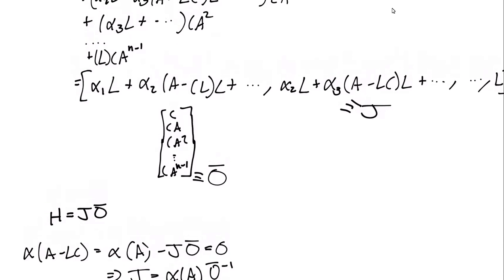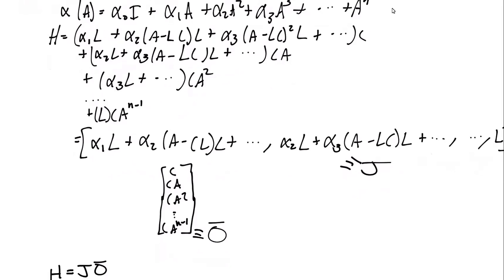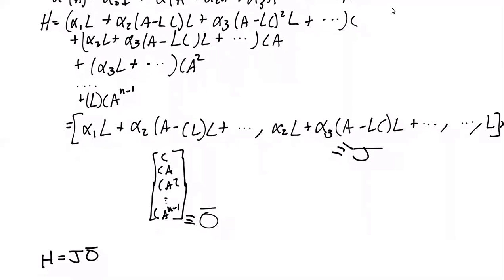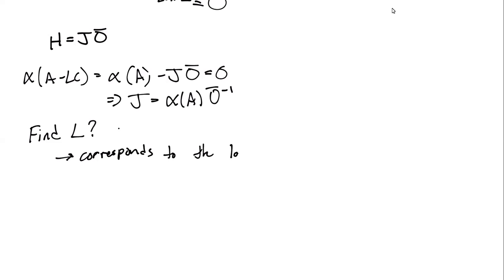So if we come back up here and look at our system, we can see that some of these terms have only L explicitly in them, and it happens to be the very last term here, or if you look over here in J, the very last term of J. So the goal is to find L, and this corresponds to the last element of J. Okay, so we've isolated J right here.